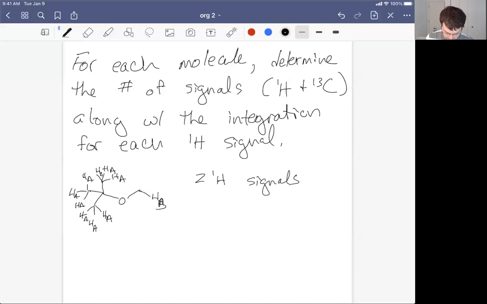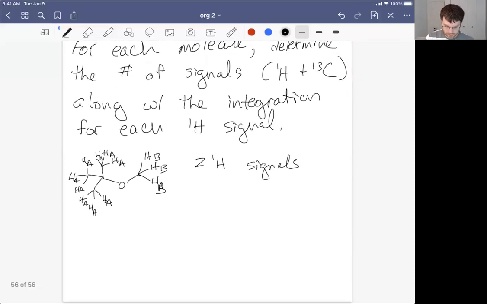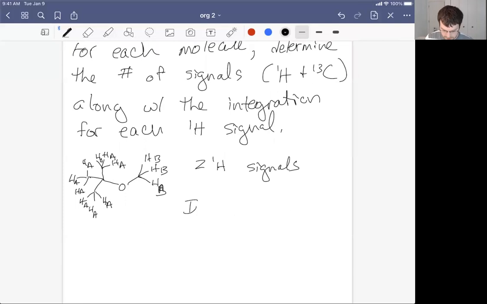So over on this side, we have HB. Hopefully that's okay, that the A's and the B's are in separate chemical environments, but there are a bunch of A's and a bunch of B's. So for this one, I would say the integration for HA is equal to 9. HB is equal to 3.